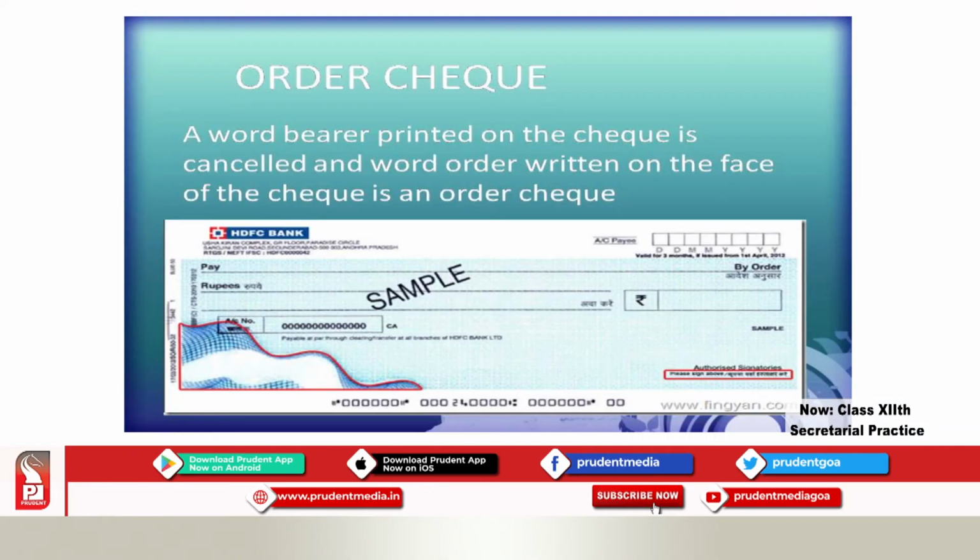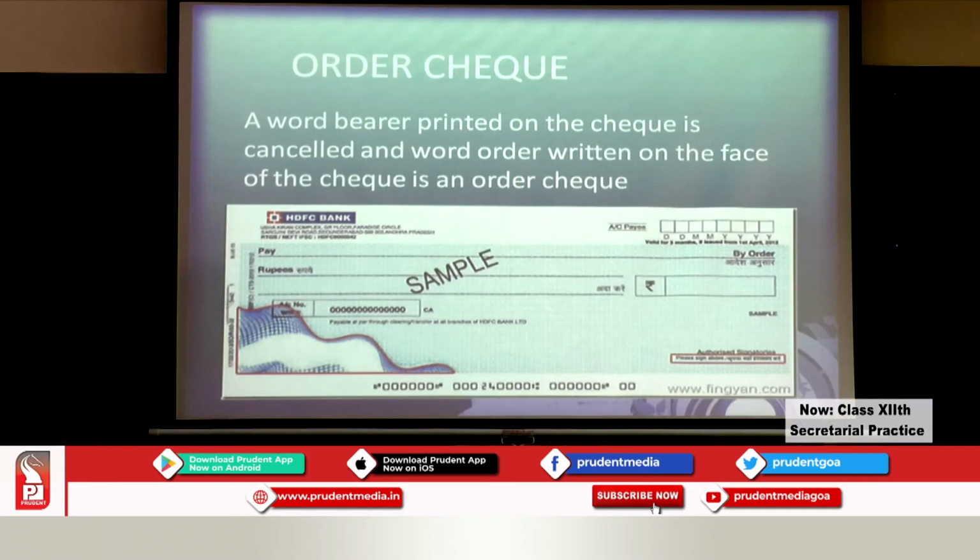There is something called an order check, which has been issued on the order of the person. Now here there is a difference between the bearer check and the order check. Mostly on the check, the word bearer is written. So what is done?